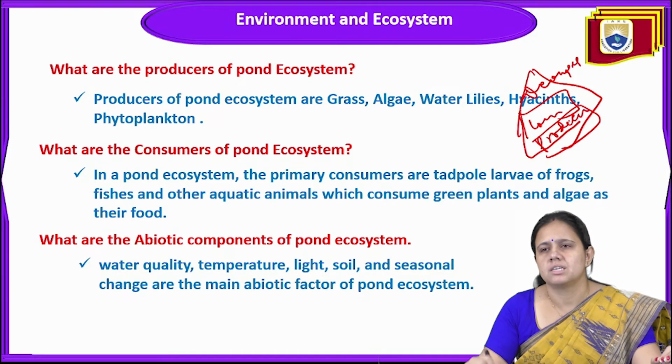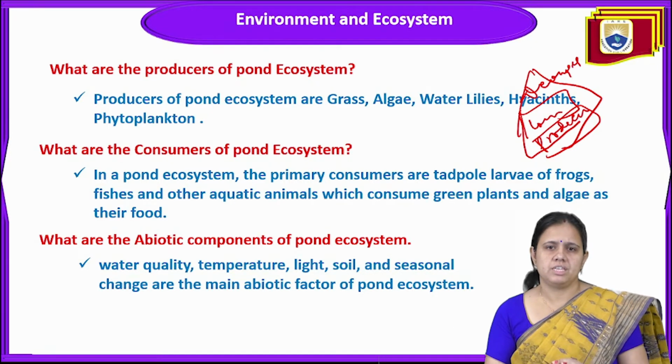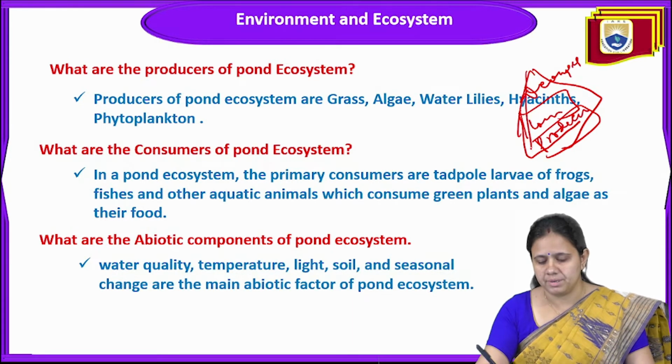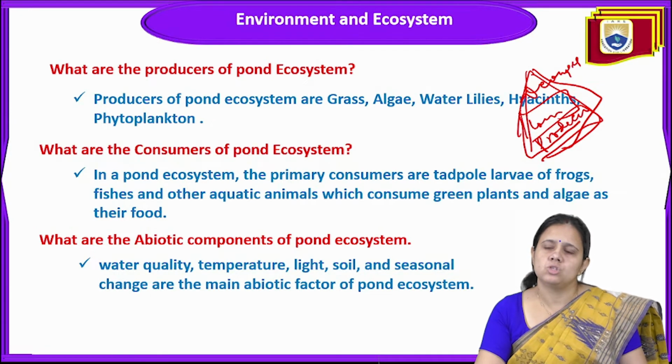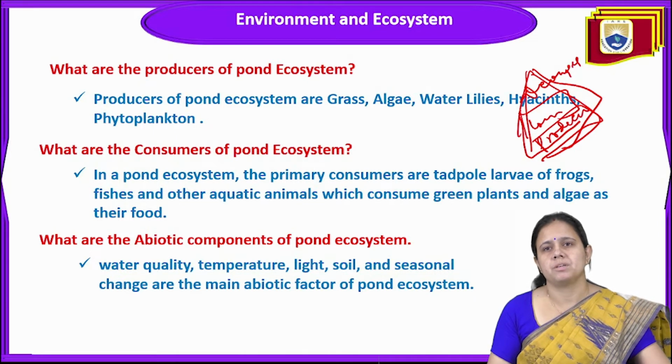As we have already discussed, the structure of an ecosystem is a graphical representation in the form of a pyramid, because producers will be more in number, then consumers a little less, and then decomposers a little less. That's why its shape is a pyramid.